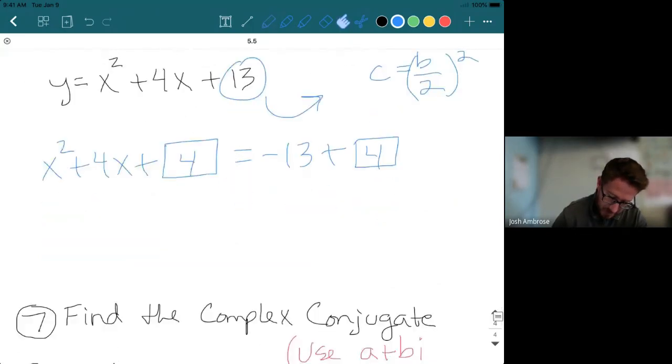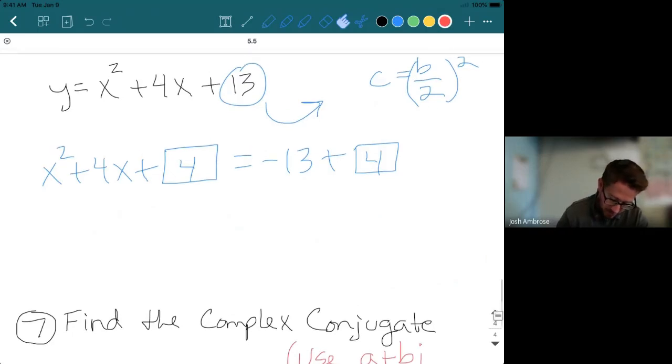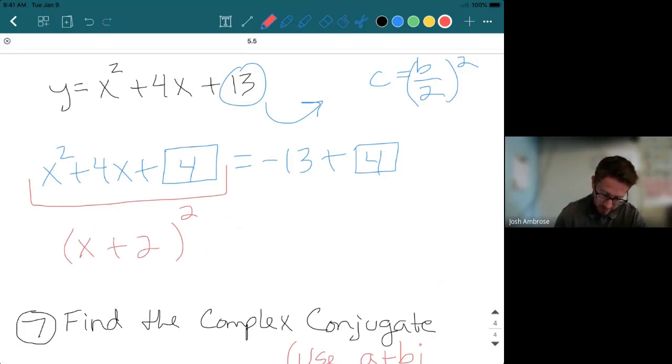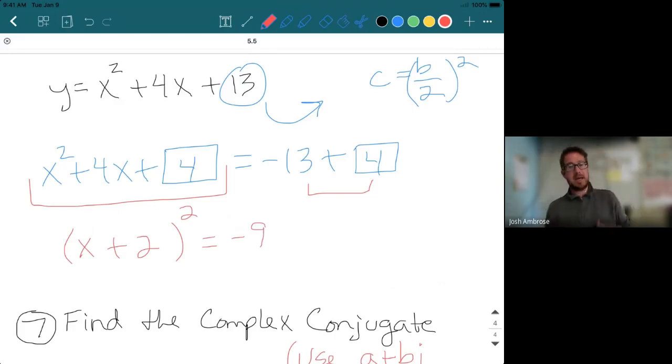Okay. Now, this right here, this is a perfect square trinomial. This is going to factor perfectly into x plus 2, squared. This over here is now going to become -9. All right? Now you're going to start to see, okay, we have a negative somewhere.